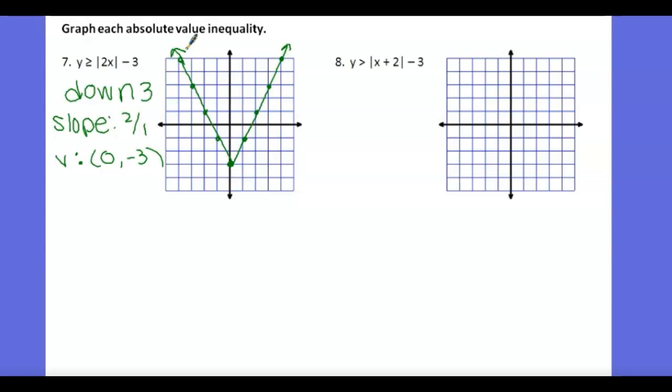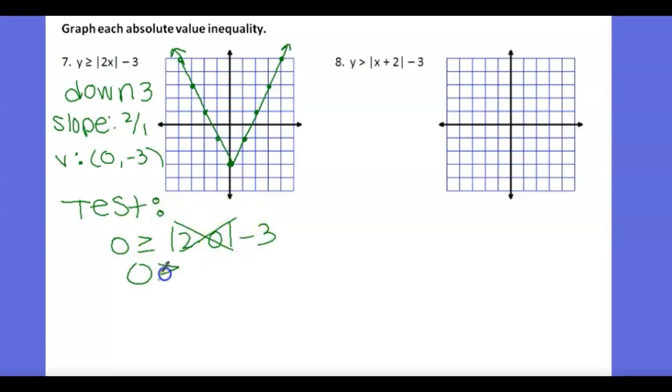Now we can determine this shading based on the fact that the absolute value has a test point within it. So our test point is going to come from either the inside or the outside. Let's say I select a test point of 0, 0.